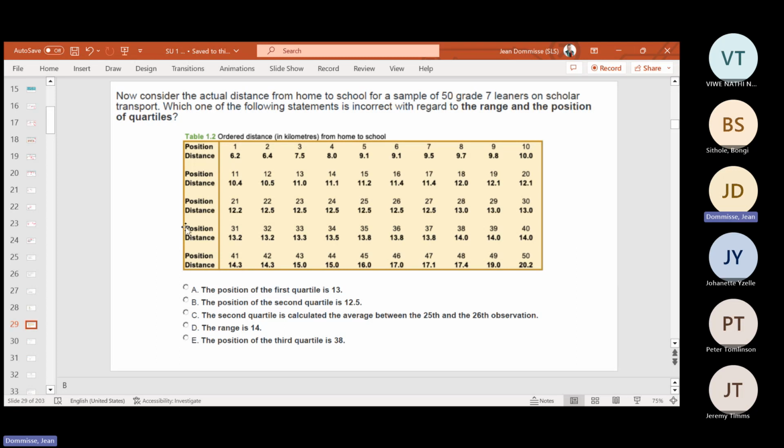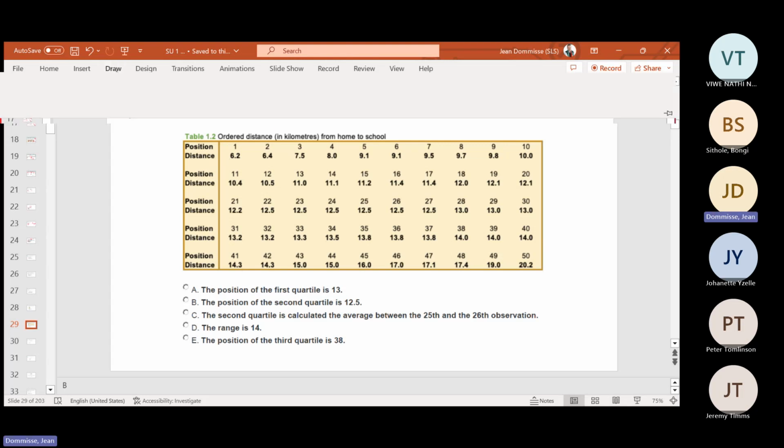Okay, so within this one, and this would have been from previous questions that also looked at this data, they are giving the data again, and what we do with the data is that they have ranked it from the smallest to the largest.